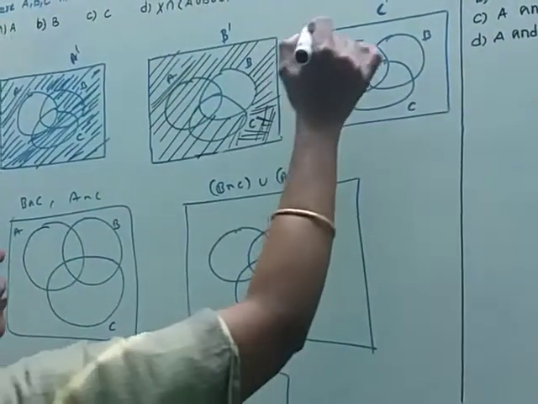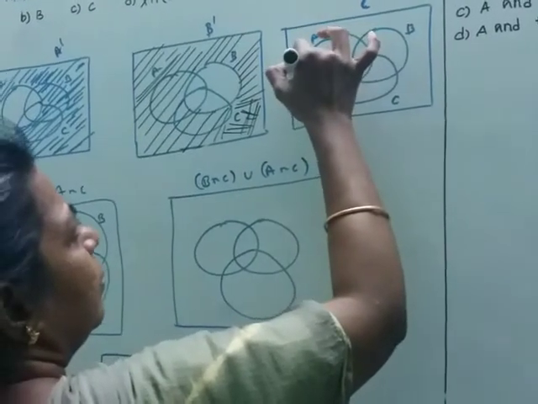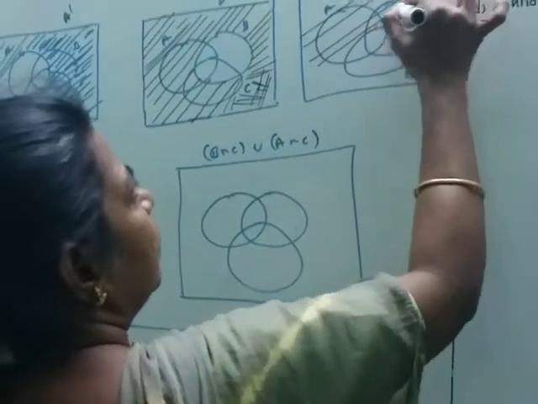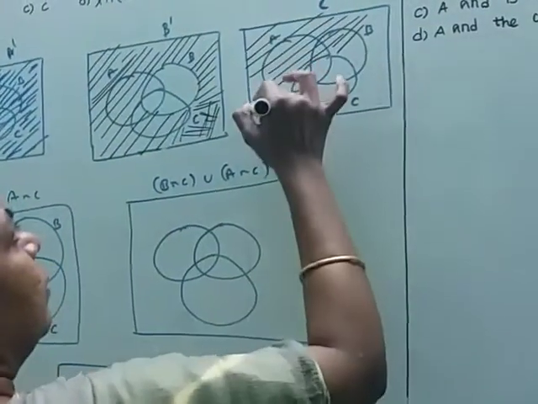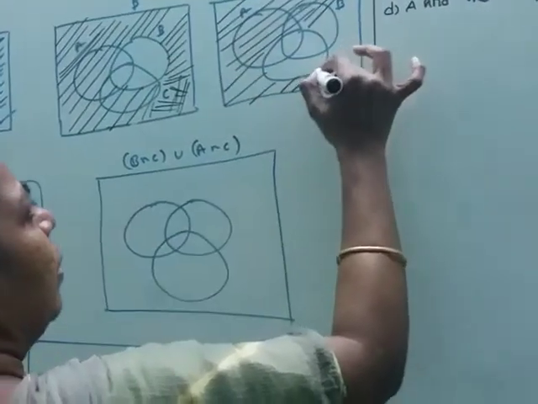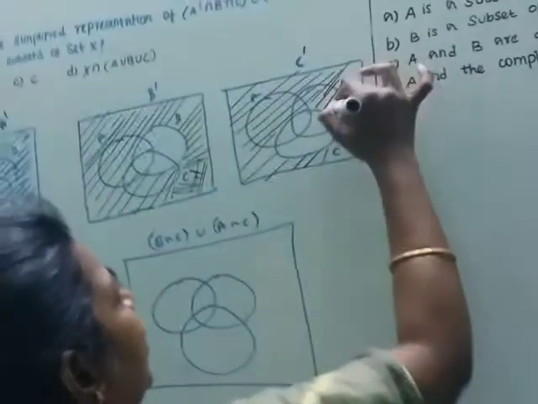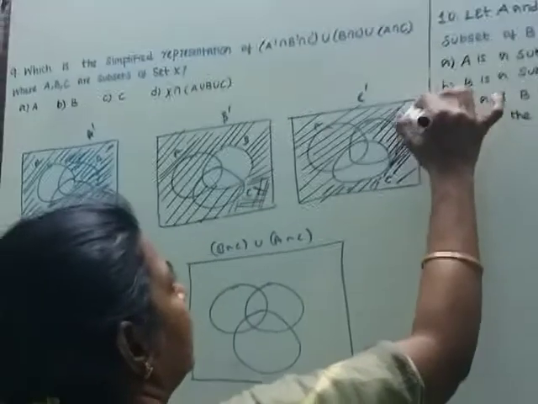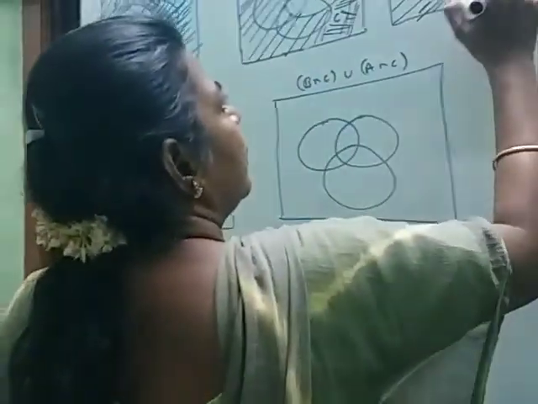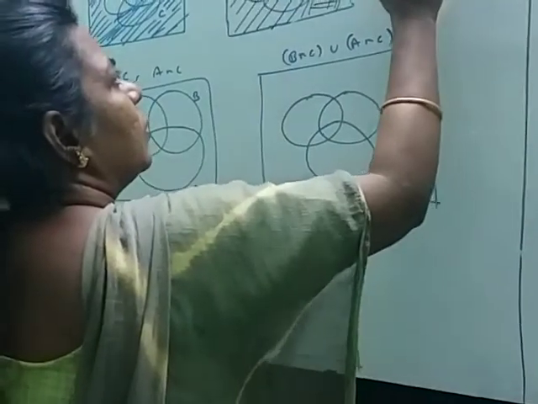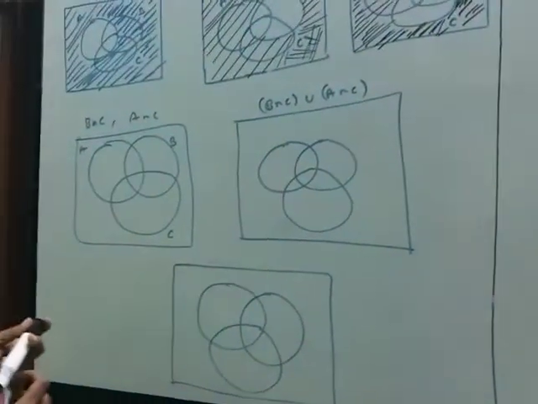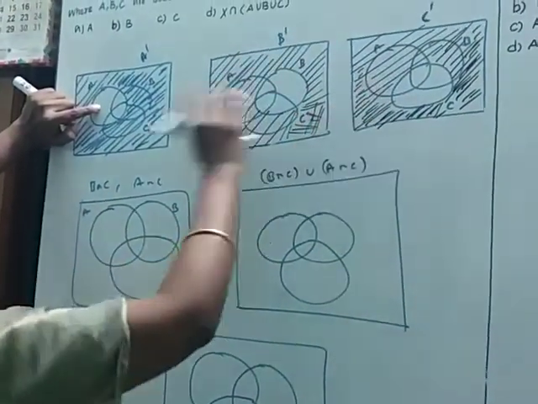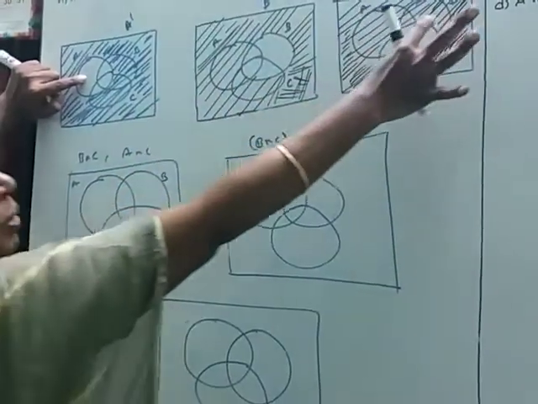C dash. See here now: without C, shading all the other parts. So what will be the intersection of these 3 parts? Here A is shaded, here A is shaded, but the intersection with A region does not come. Here B is shaded, here B is shaded.